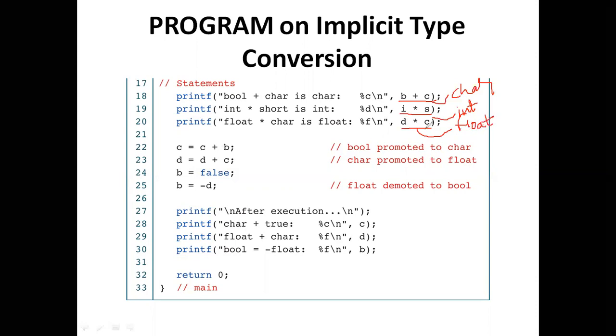That's why the expression value displays as float, and we have indicated the format specifier as float. Here the expression gives an integer result, so we have indicated the format specifier as percentage d. Here the expression gives a character, so we have indicated it as percentage c.